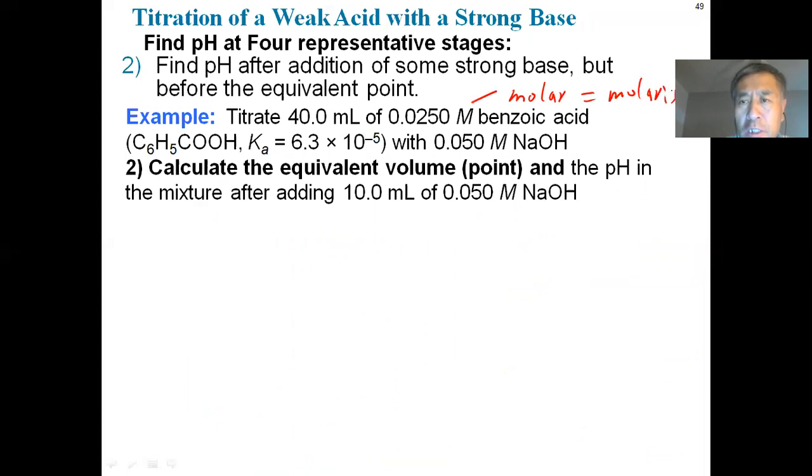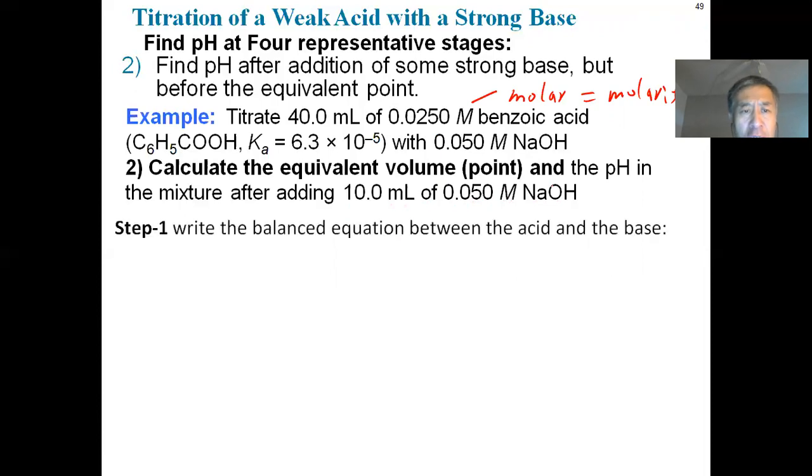That's what chemists usually say for concentrations. First we want to calculate the equivalence point, so we know if adding 10 milliliters of this 0.050 molar NaOH is before or after the equivalence point.